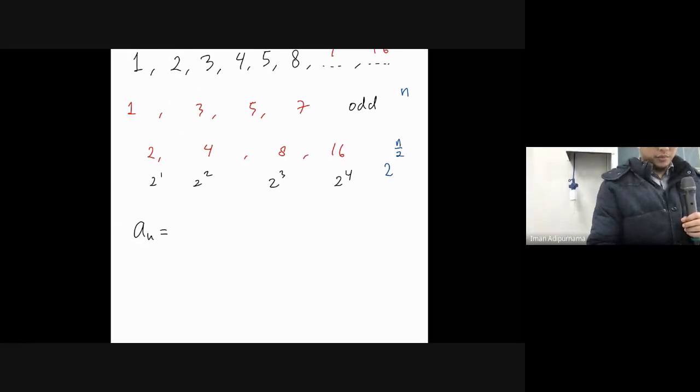So the formula should be, I will write dot dot dot, and this should be, let's say 2 plus dot dot dot n. And you need to combine both of these.